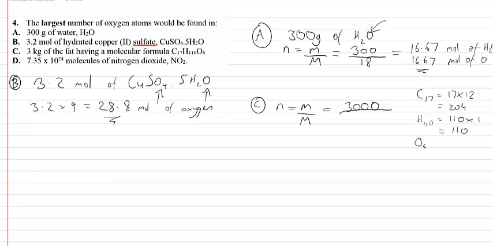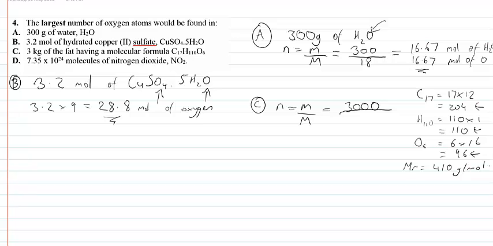Our oxygen, there are 6 of those, so 6 times 16, and that will give us 96. So if we add these up, we'll get the total mass for one molecule of this fat, which is 410 grams per mole.